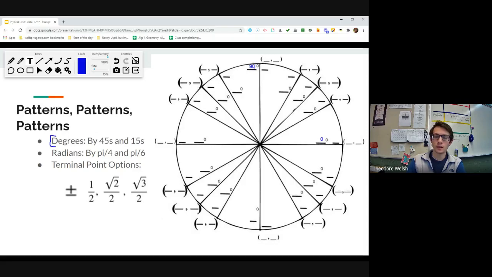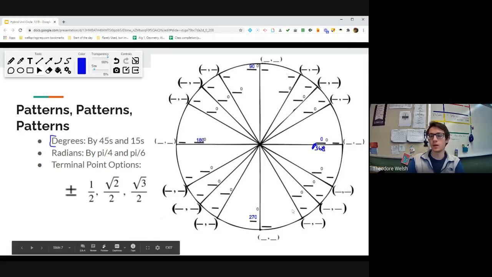Over on the negative x, we have 180 degrees. Negative y, we have 270. And you'll see this written as well as 0/360 degrees. So that's how we define those first 4, or at least that's where I start.